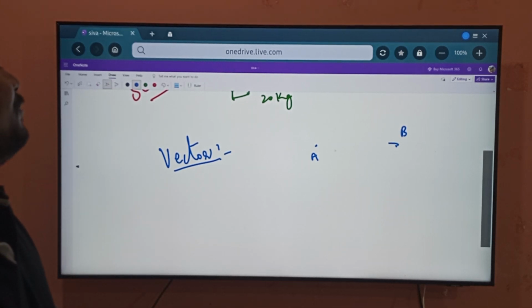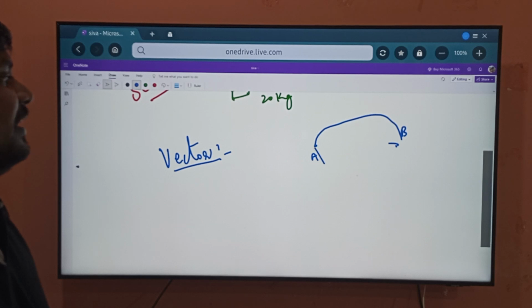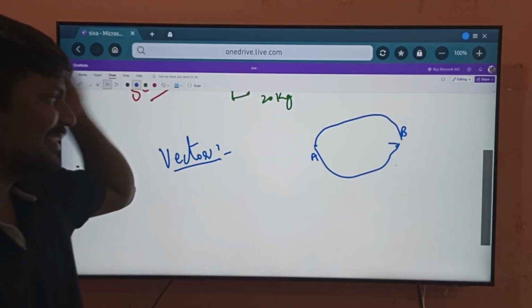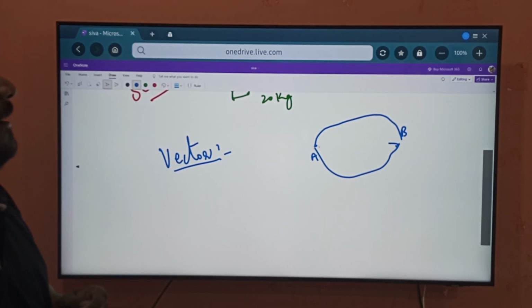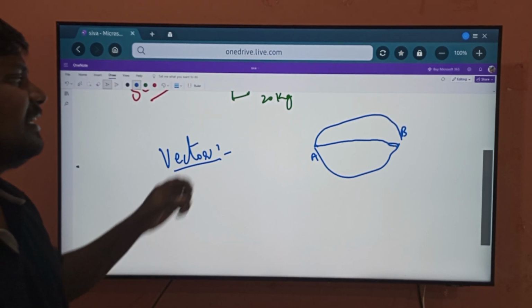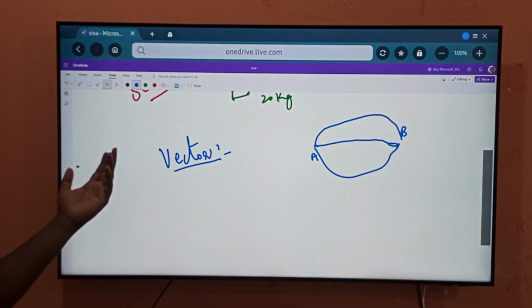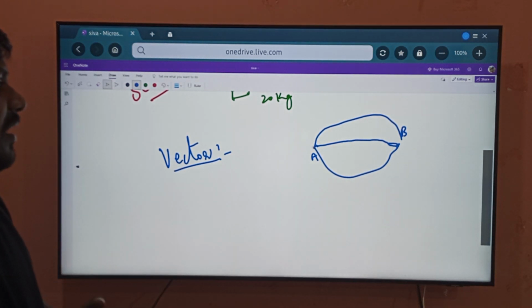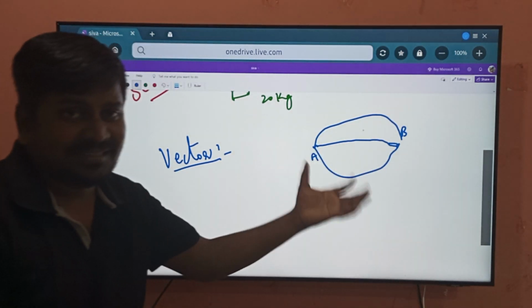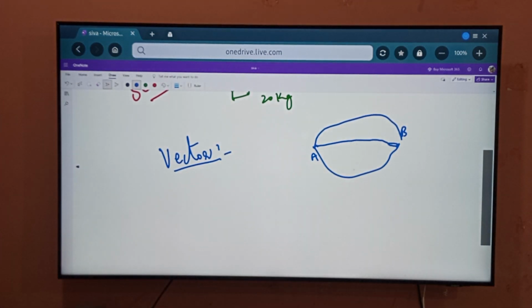If I want to move from A to B, I can go in this way or in this way, but the shortest path from the initial point to the final point, from here to here, is the shortest path.